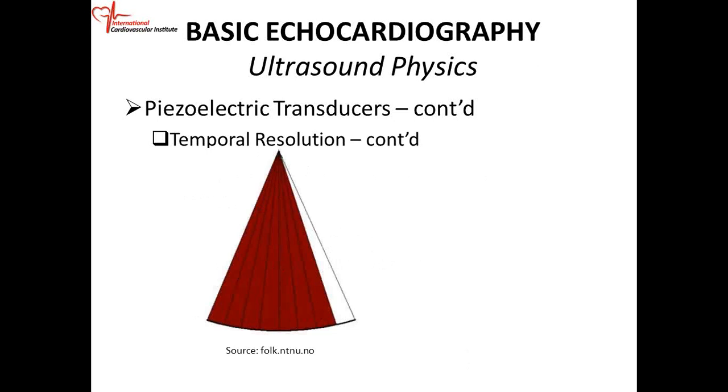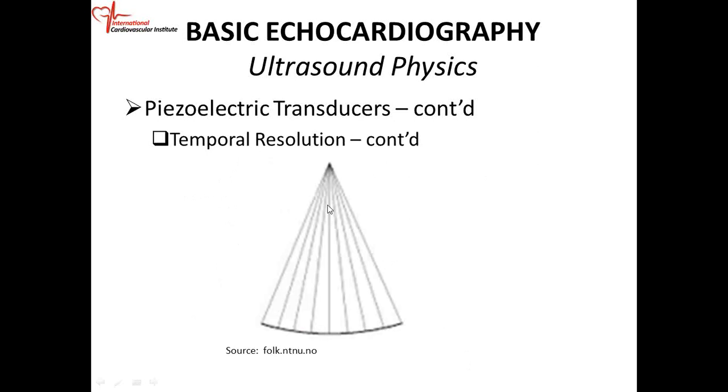It travels to the structure and then is reflected back to the transducer. So each of these lines represents an incident wave and a reflected wave. It goes forward and then it comes back. So that's what each of these scan lines represents. This is what we call a frame. And the frame rate is the time from the beginning of one frame to the next.